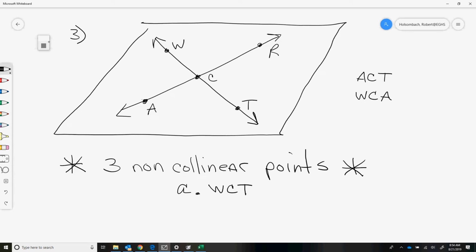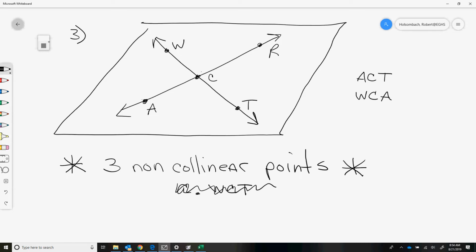When you're taking that quiz tomorrow, WCT, those points are collinear. So you can't use those 3 to name that plane, can you? So take that answer and just scratch it out. That's not it. It's eliminated. Then you've only got 3 to choose from. Clear? All right.